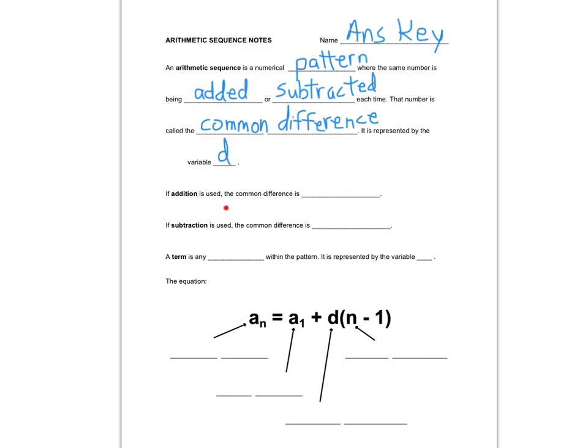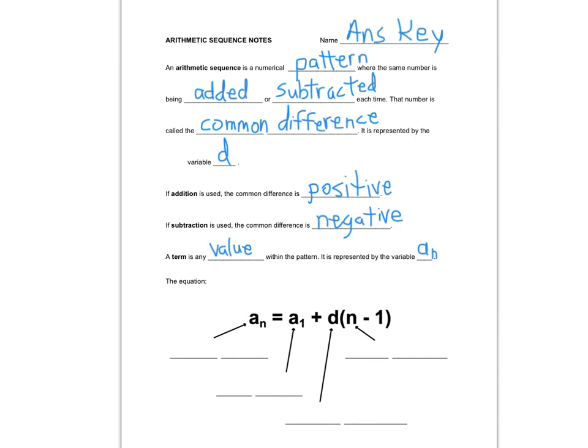If addition is used, the common difference is positive. If subtraction is used, the common difference is negative. A term is any value within the pattern. It is represented by the variable a sub n. That means big, regular A, small n.